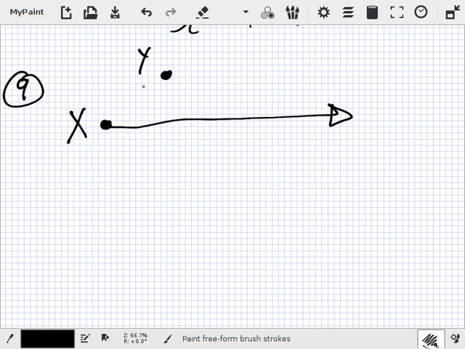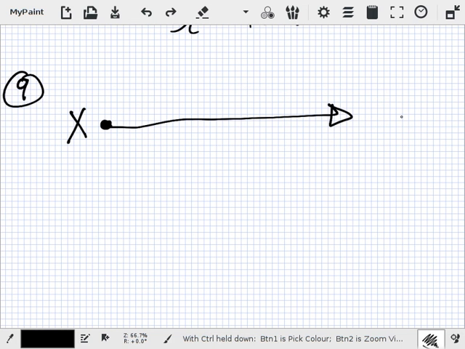This is Y, and it's 20 degrees. So if I draw a line here, it's 20 degrees here. And I want to know what angle this plane should head at so that it will meet with this plane.